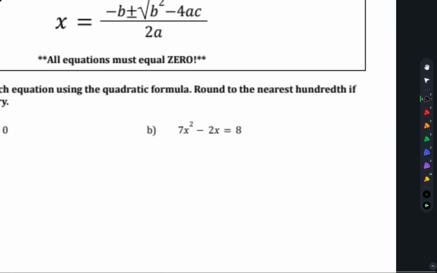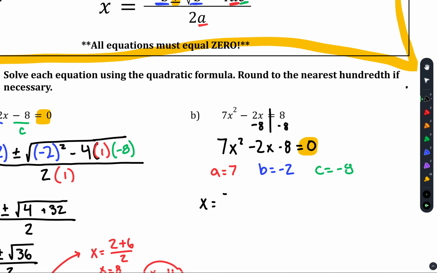Look at your formula up here. Negative B, which is negative 2. So I'm doing the plugging in step. I am not simplifying until I've got everything plugged in. Plus or minus the square root of negative 2 squared minus 4 times 7 times negative 8.